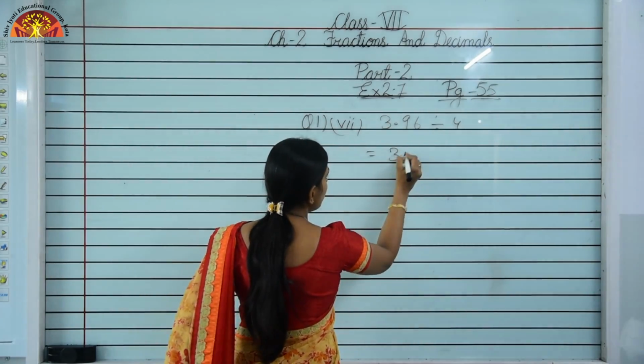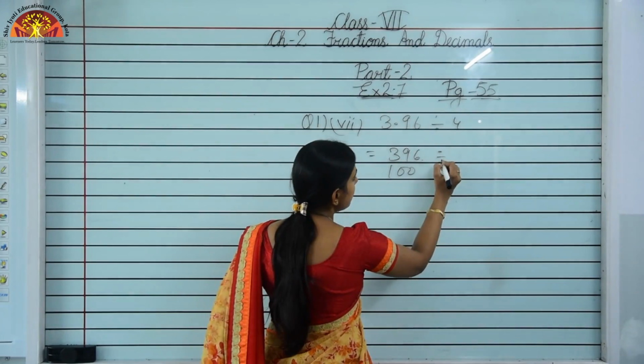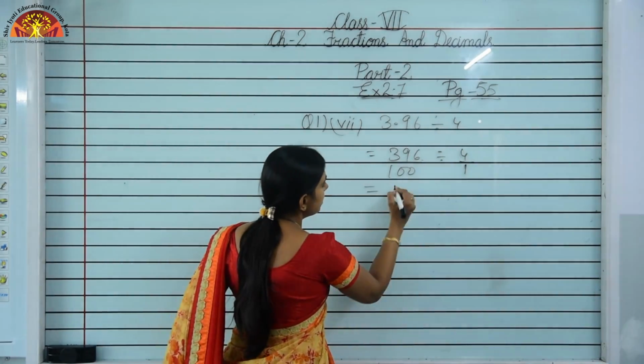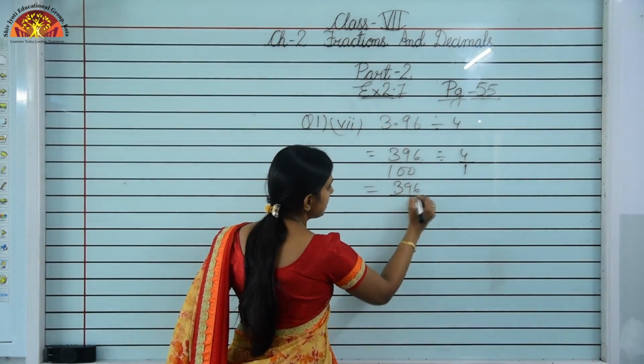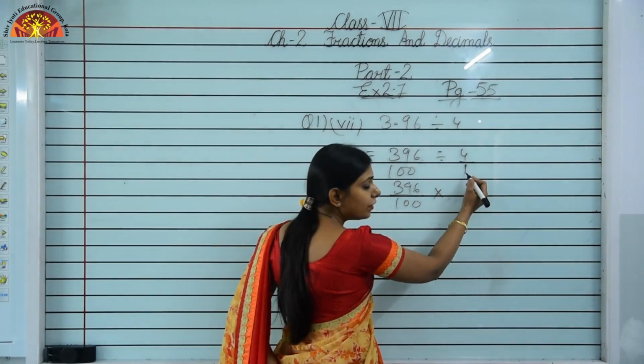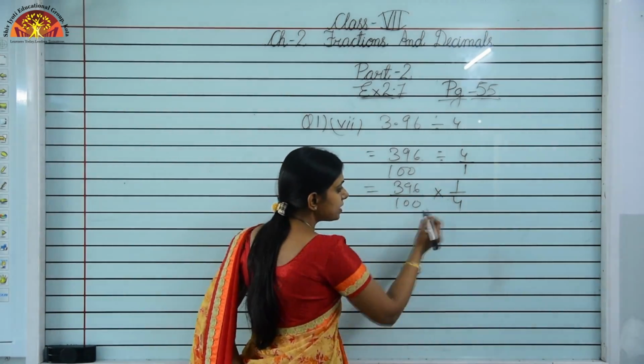So 396 upon 100 divided by 4. In the denominator there is nothing by default, it is 1. So first fraction will remain as it is. This division sign will change into multiplication and you have to take the reciprocal of the second fraction, that is 1 upon 4. Now you can simplify.